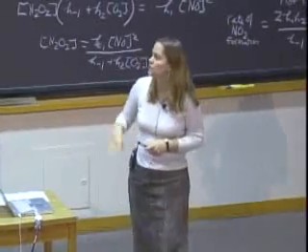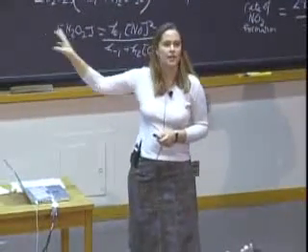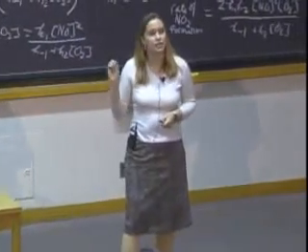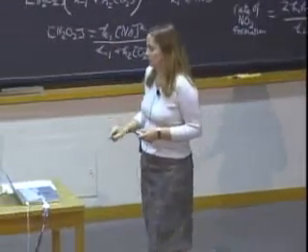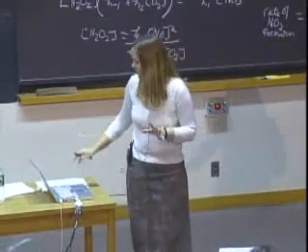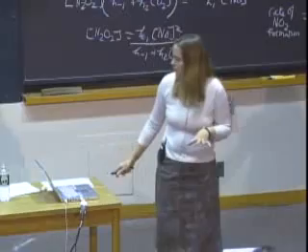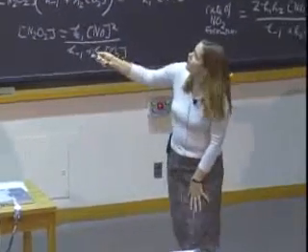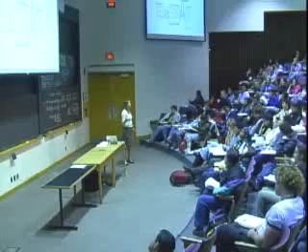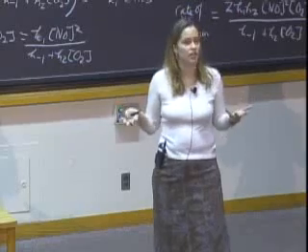So when we assumed that step 2 was slow and step 1 was fast, we can now solve for the intermediate in terms of an equilibrium expression. So let's consider why this is true. When you have a fast first step followed by the slow step, the first reversible step is pretty much in equilibrium.